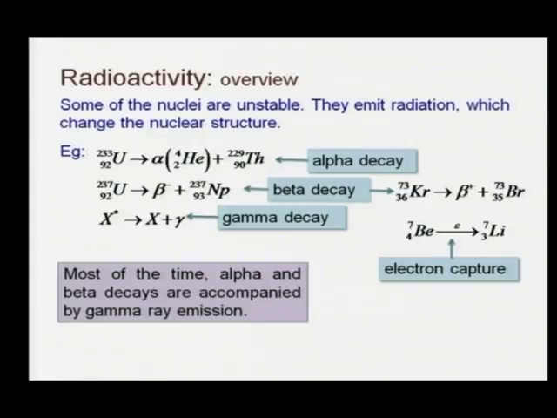The alpha and beta decays are followed by gamma ray emission, which means that the nuclei produced by alpha or beta decay are themselves in an excited state, and they further decay down to the ground state by emitting gamma rays.